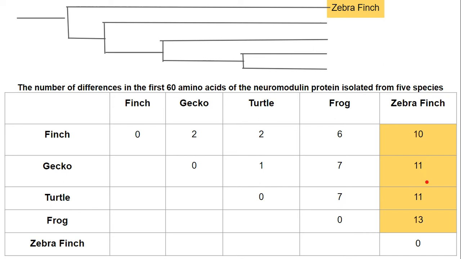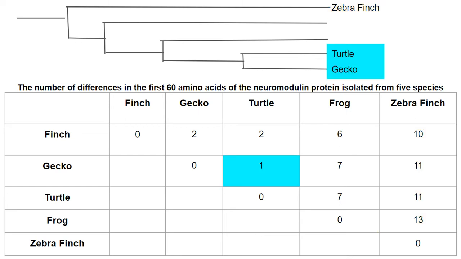So then the next thing I do is I try to find the smallest number in the chart, and those are going to be the ones that are most recently separated species, and that would be the turtle and the gecko.